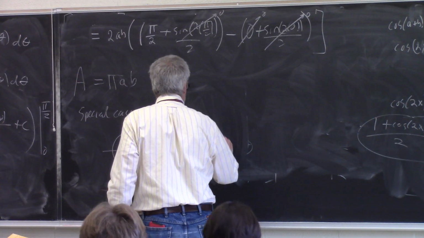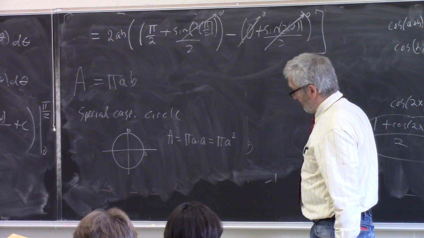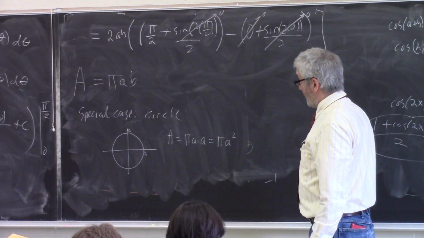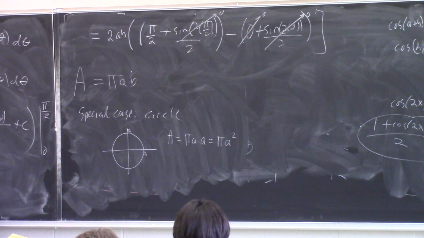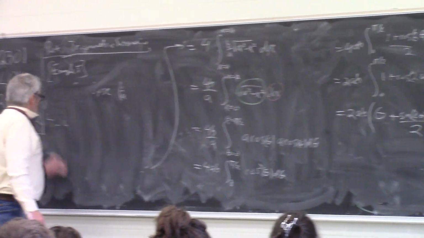So in other words, pi a squared. Really cool. This is done in the book, but as an example. And almost never will I do an example in class that's done in the book. But this is such a pretty one, worth doing.